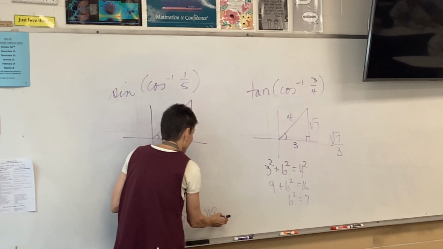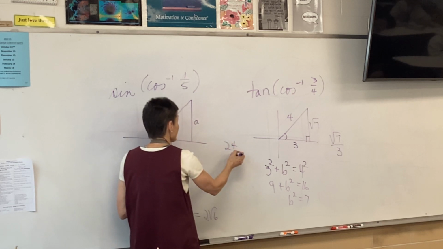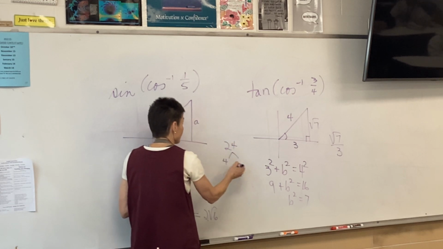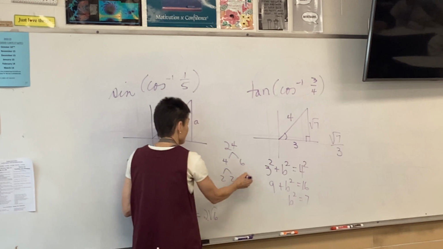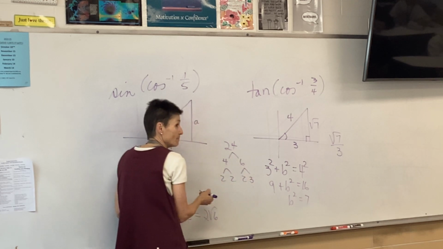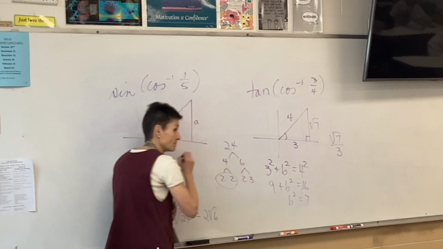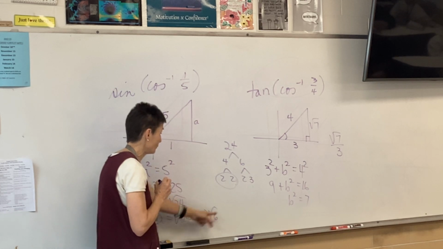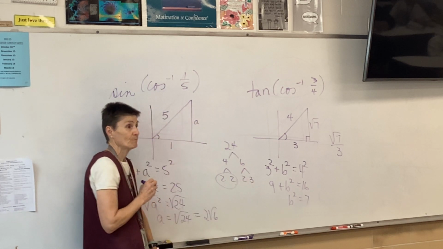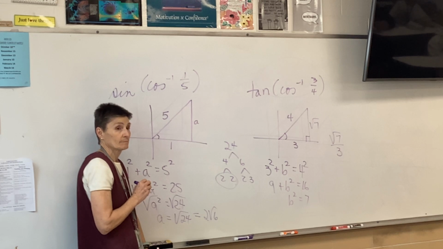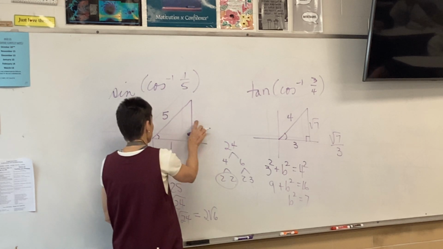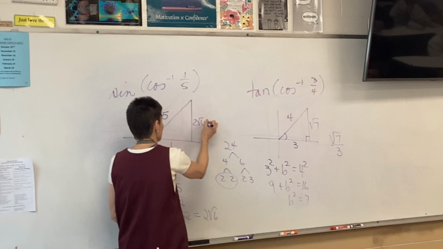Because if you break down 24, it's 4 times 6, 2, 2, 2, 3. And we take out groups of 2, so out comes a 2, and in stays a 6. So this side is 2 root 6.